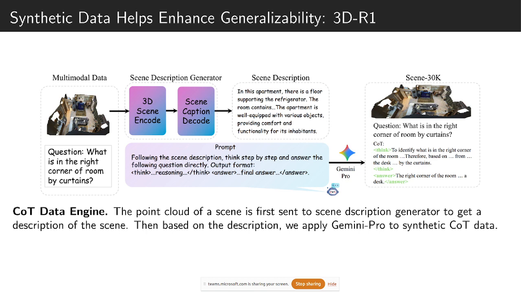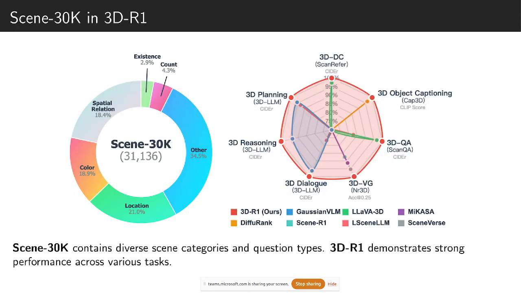So we leverage a state-of-the-art closed source model, Gemini 2.5 Pro, and we produce high-level chain of thought data across different kinds of tasks.